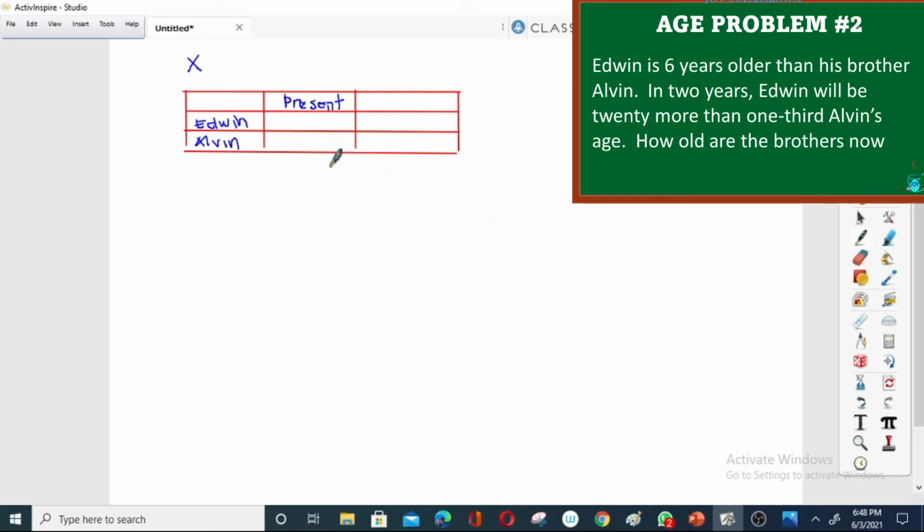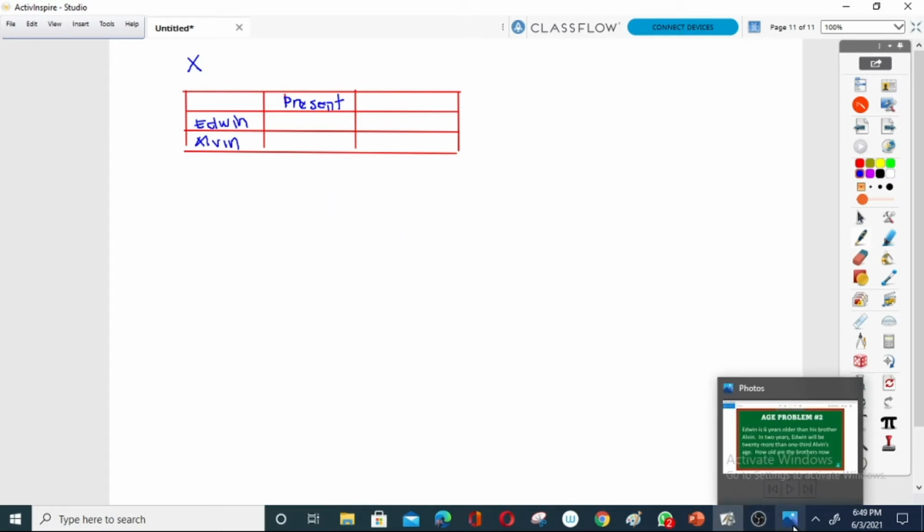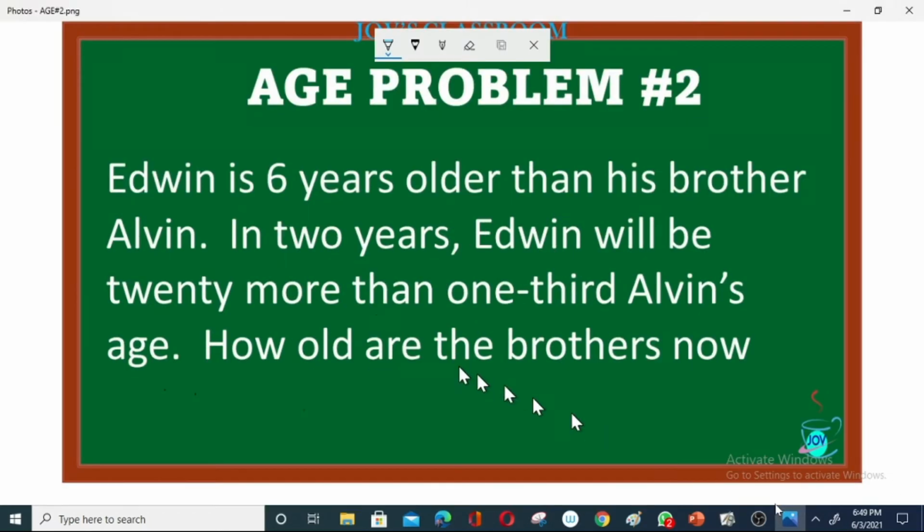So we now identify who will be the X. Again, the X will be the person who is not described in the problem. Edwin is 6 years older, so definitely Edwin is the one described in this problem.